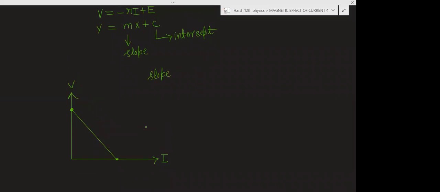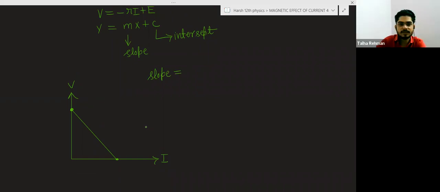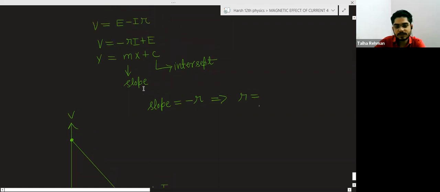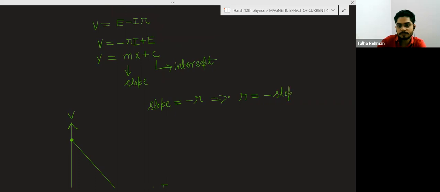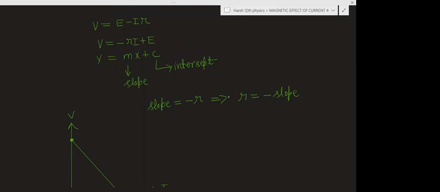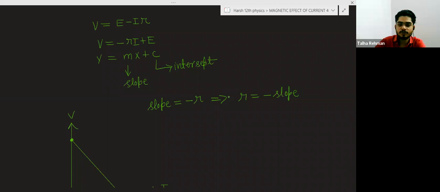So the internal resistance of the cell is given by the negative of the slope. You will get the internal resistance r.